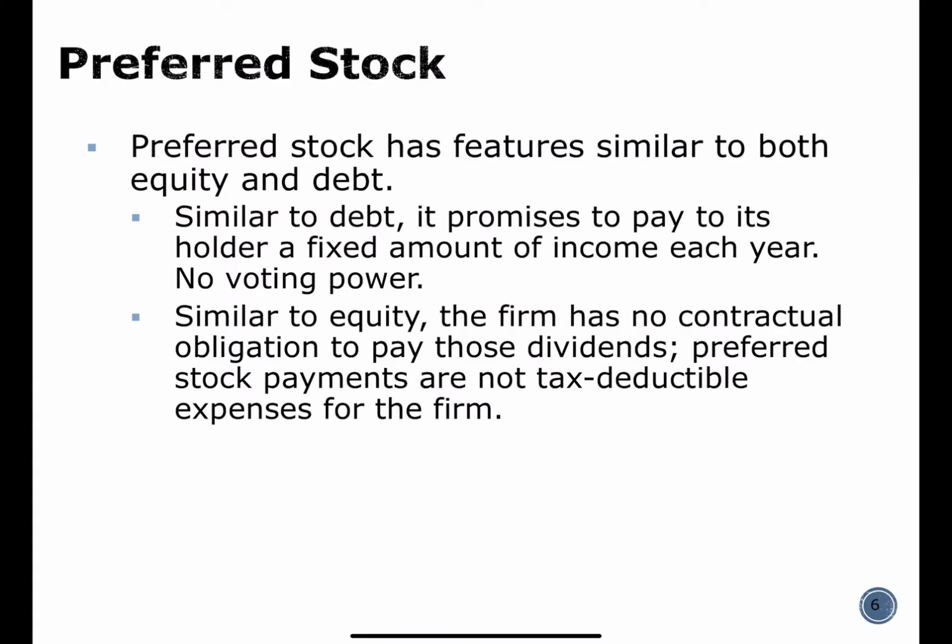If the firm does not pay, the firm will be in default, and this is problematic, right? However, as a preferred shareholder, if the firm has some financial difficulties, then this firm could stop paying you dividend without violating any contracts. Right? So you can see that this is just similar to equity. Right? As an equity holder, you could get some dividend, but again, if the firm has some difficulties to pay you dividend, the firm could just stop it.